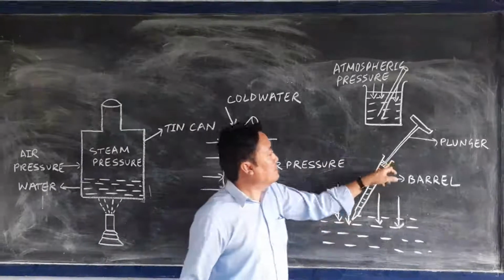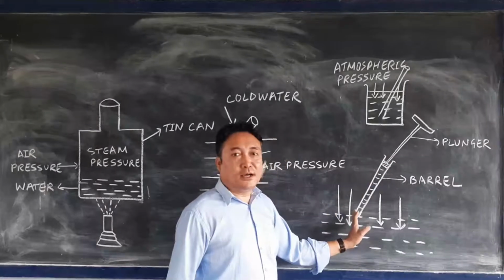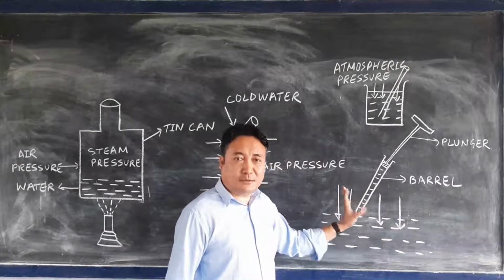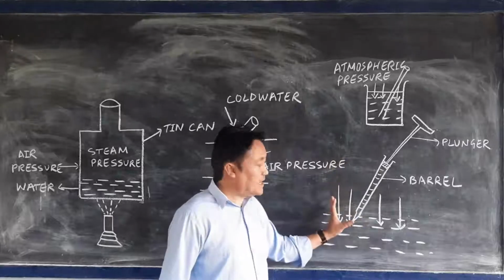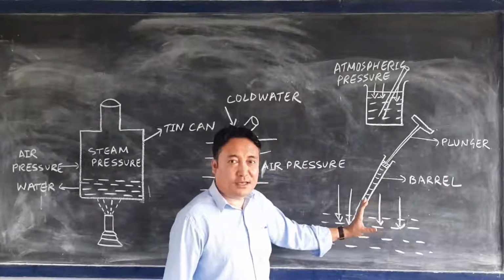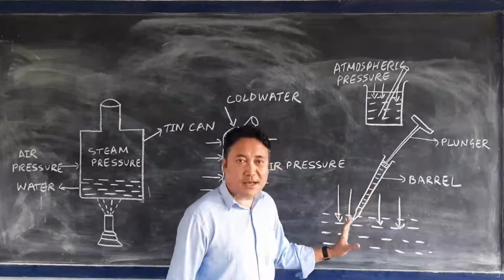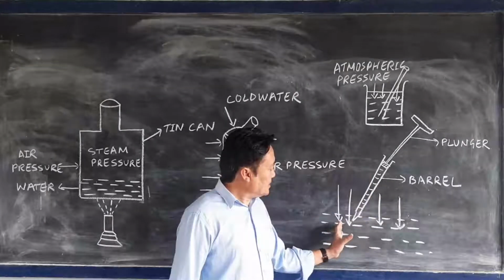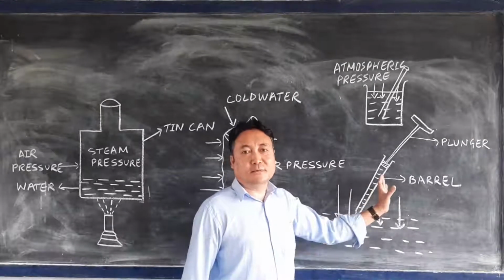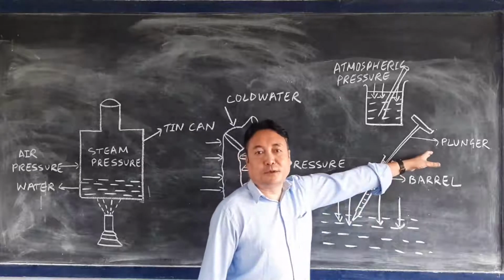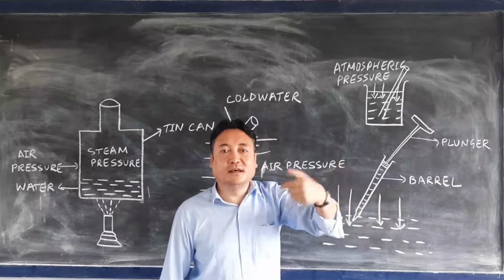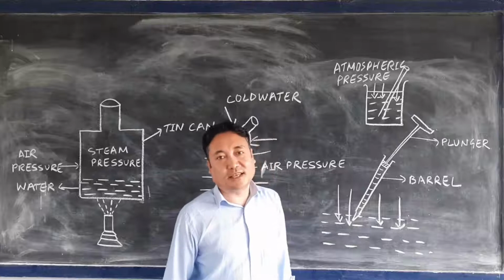So once you pull the plunger upward, what will happen? Due to the atmospheric pressure outside, the pressure on the liquid will be more than the pressure inside the barrel, and due to that atmospheric pressure, the liquid will fill inside the barrel. Once you pull the plunger, the liquid will fill inside the syringe.